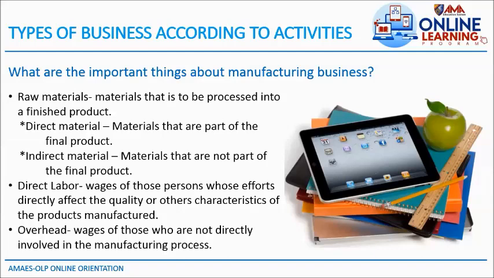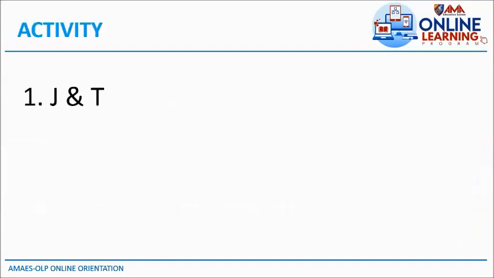For the first kind of business, okay, what is the answer? Okay, 1 point again for Samantha. Okay, JNT is just offering their business through delivering your product. Next.